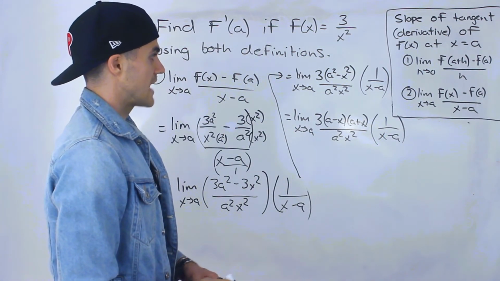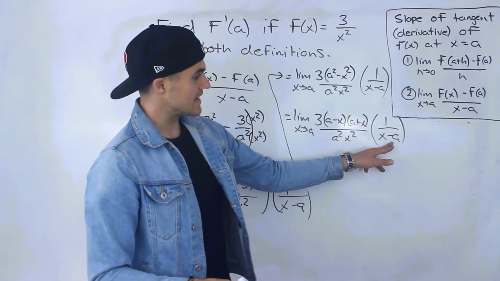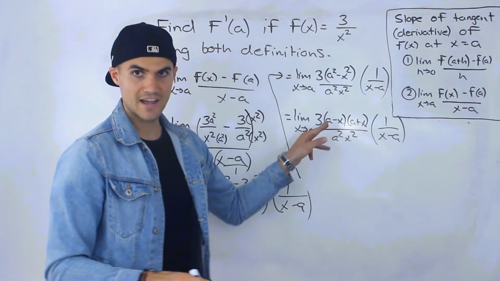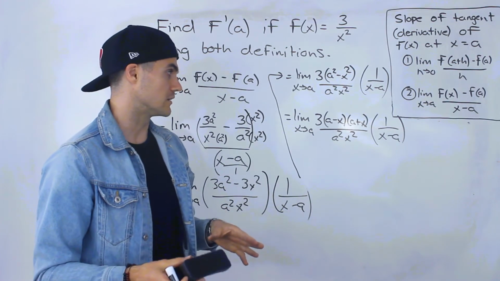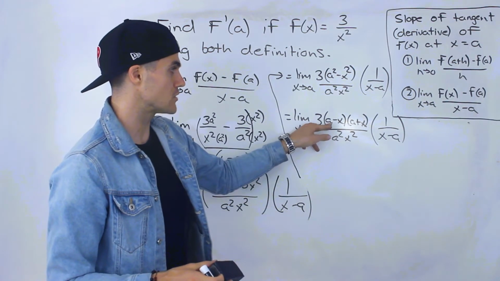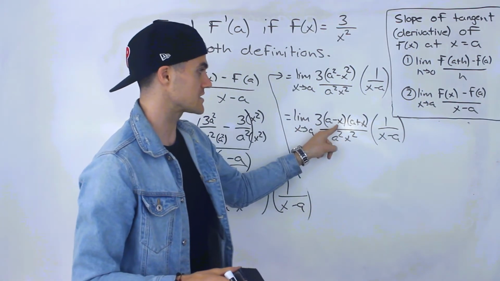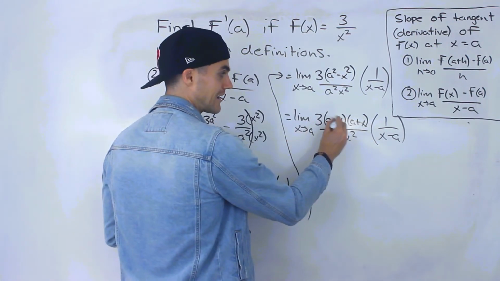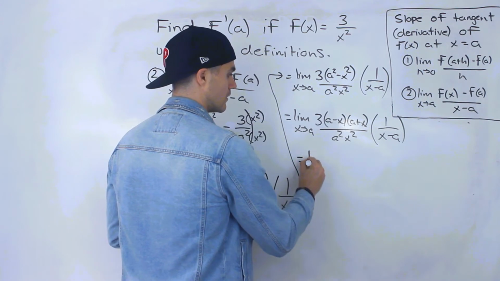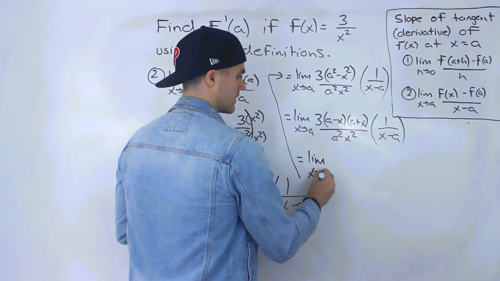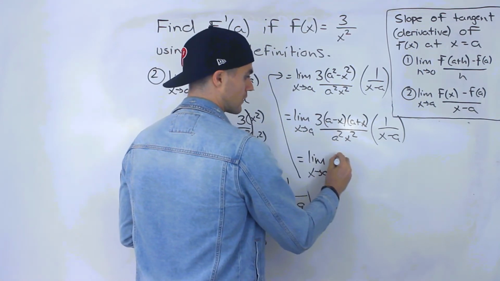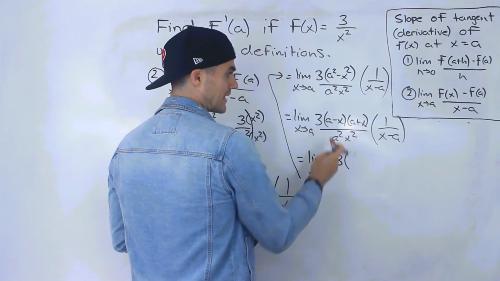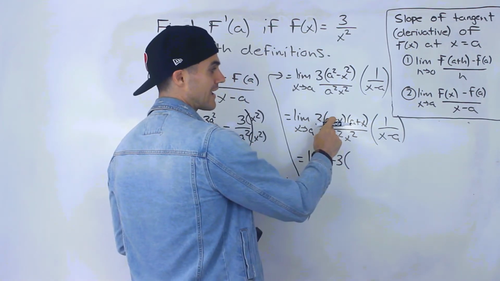Now, notice that x minus a, this factor, and a minus x, they're almost the same, but they're not, because notice the a value is positive here, it's negative, and notice the x value is negative, and here it's positive. So what we can do is we can actually factor out a negative from this bracket. So we'd bring that negative, let's bring it in front of the 3. And this a minus x would now turn into negative a plus x.